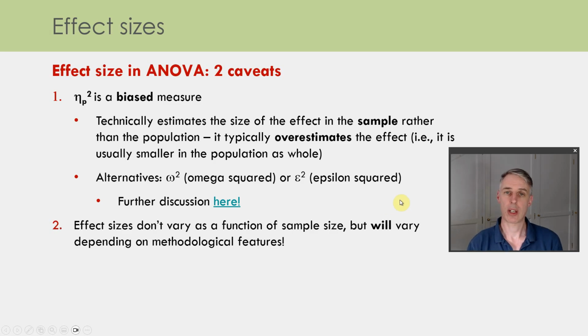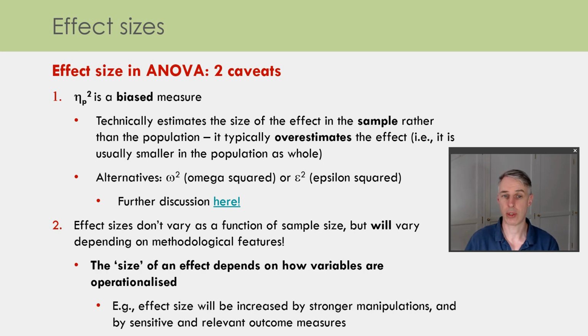The second thing to say about effect sizes, not just in relation to ANOVA, but effect sizes in general, is that while I said they don't vary as a function of sample size, they do vary. They vary a lot depending on methodological features of your study. They are fundamentally a product of a method.